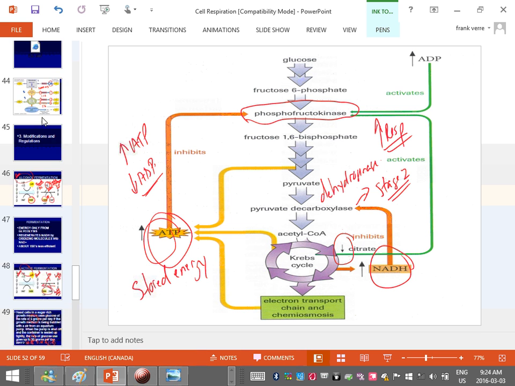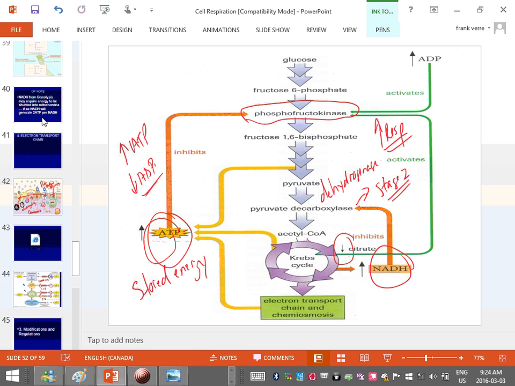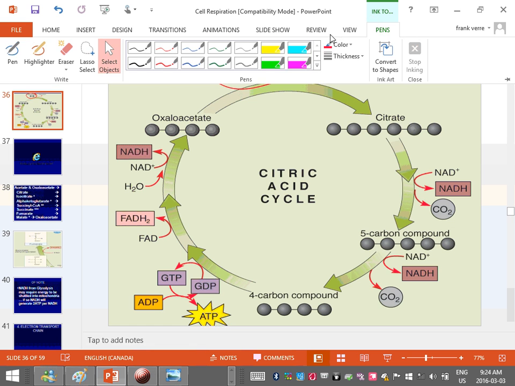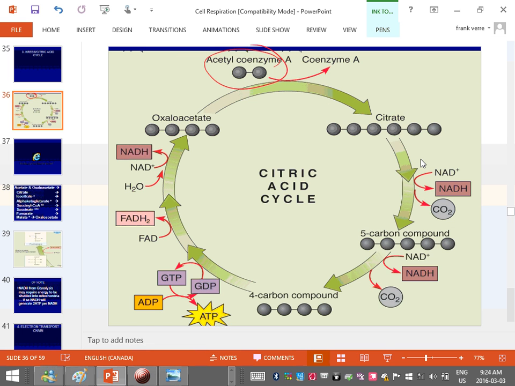So let's go back to the Krebs cycle. Why do low levels of citrate, which is this molecule, increase respiration?